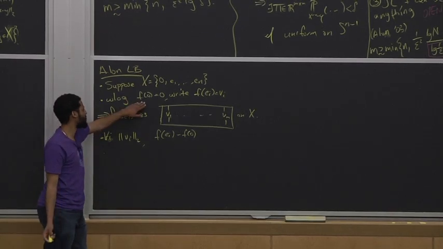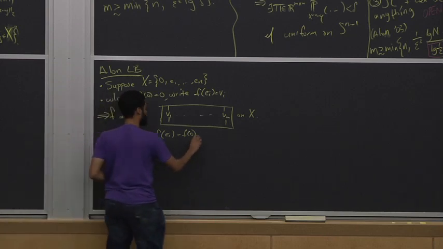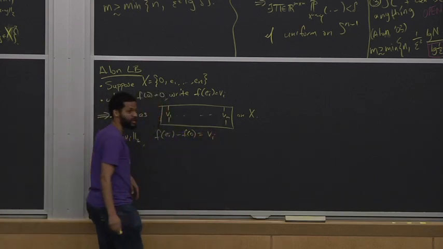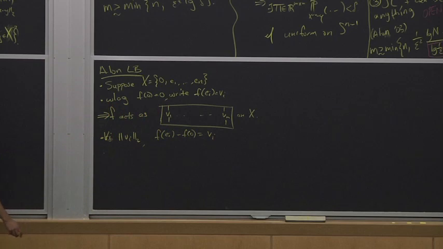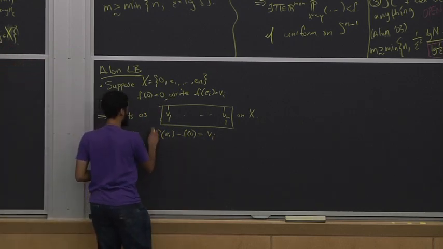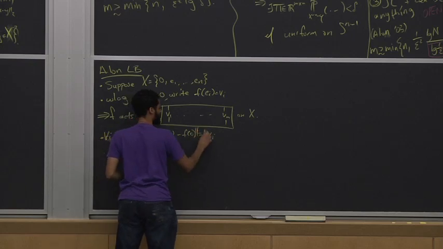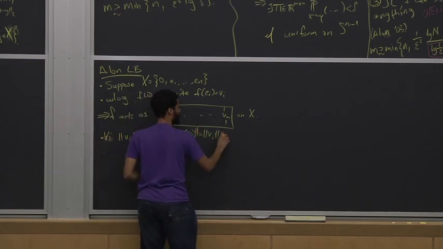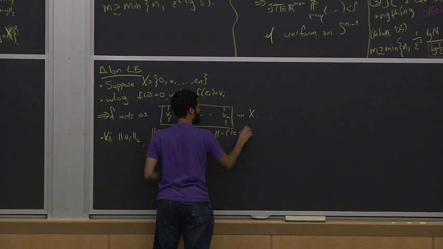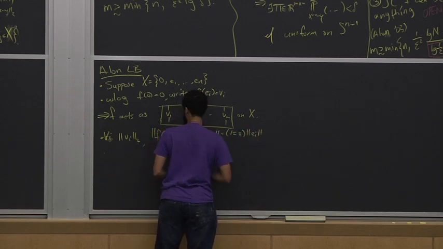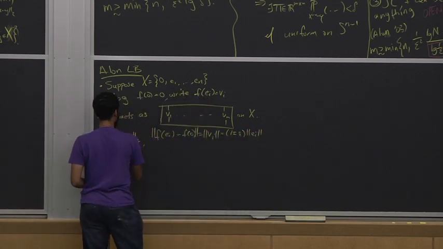I translated everything so f of 0 is 0. But we said that the norm of f of x minus f of y has to be roughly the norm of x minus y. So this thing has to be roughly the norm of ei, which is 1. So this thing is 1 plus or minus epsilon.